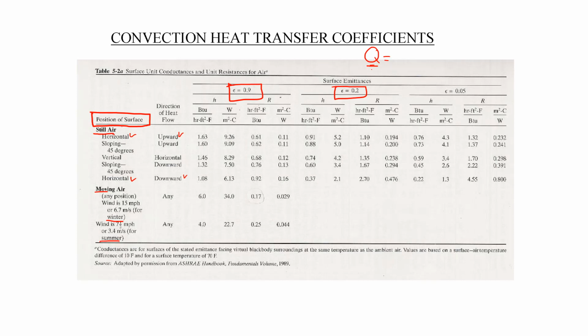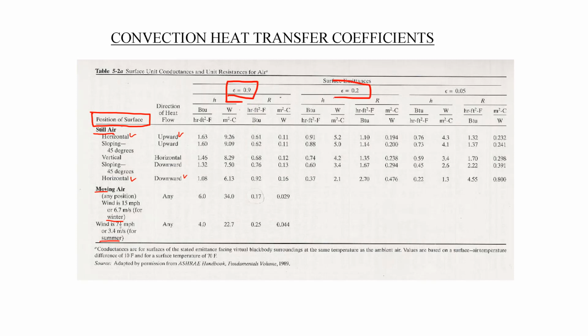Usually, we would not associate too much convective heat transfer and radiative heat transfer, but in this case, this table goes ahead and separates out different heat transfer coefficients based on the emittance value.